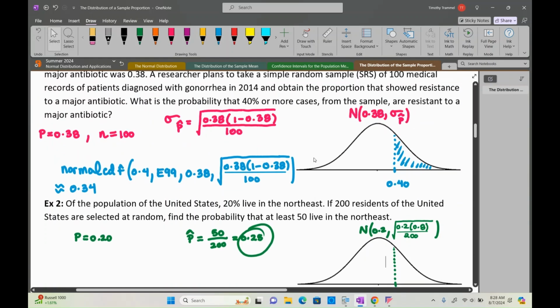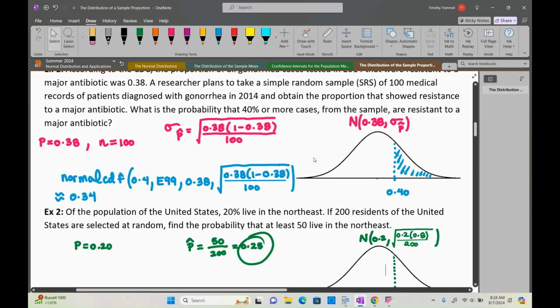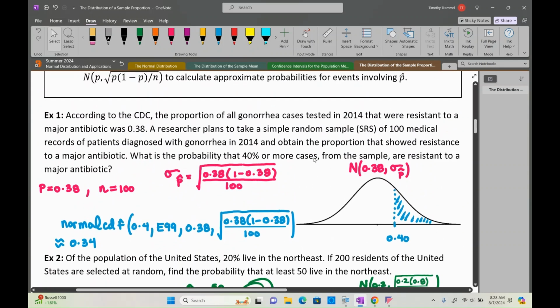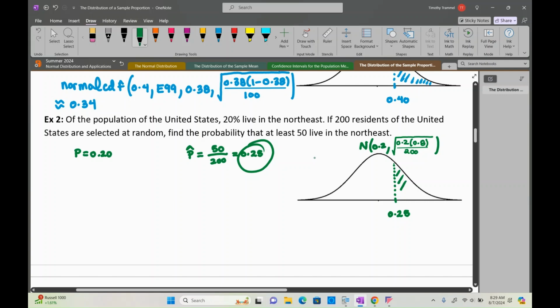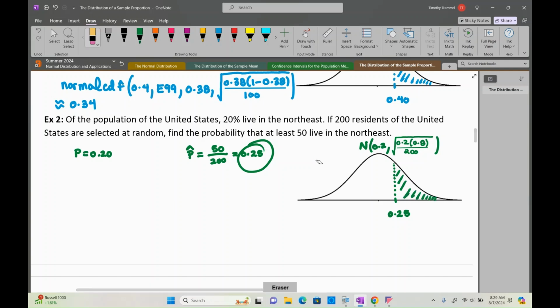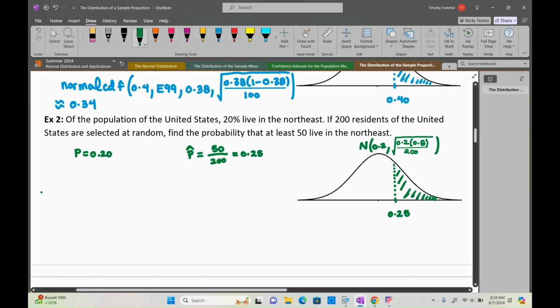And let me check that this last one also was a case where we wanted to look at the upper end. Yeah, so both of these examples, we're looking at the right tail. And so next, I just need to use normal CDF. We have everything we need here.